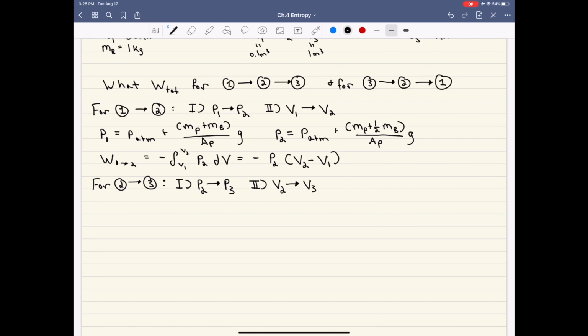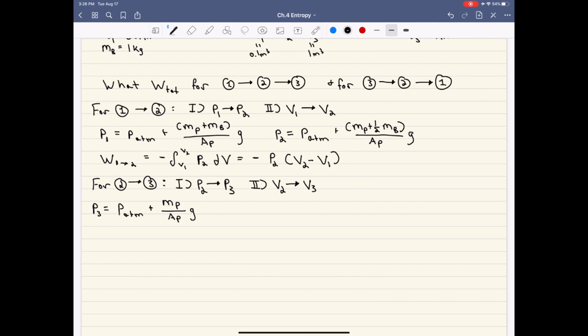And as such, if we do the same sort of force balance that we did during the case 1 expansion, we would see that the new pressure is just this. Okay? Because we have now removed the second block.